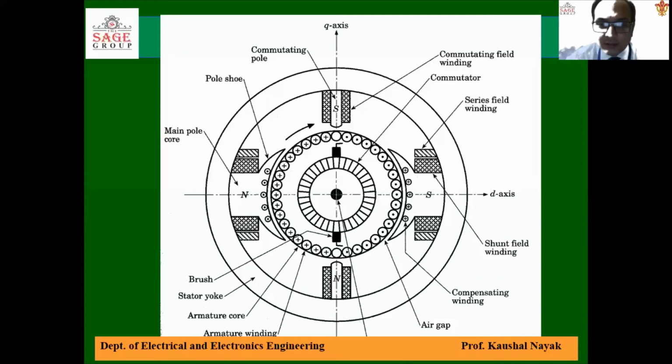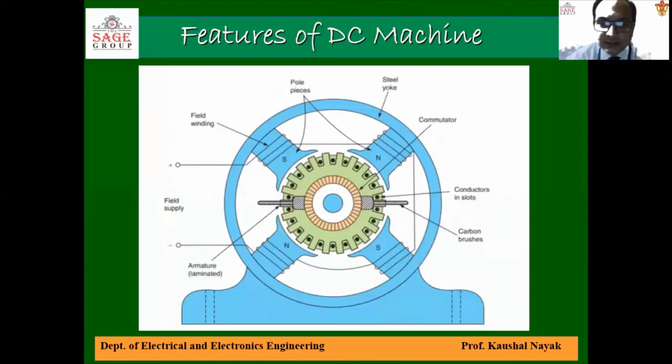The central region is called the armature. You can see a number of conductors, and the central part is a shaft on which the commutator as well as the armature is supported. Now let us see each of these parts one by one in detail.